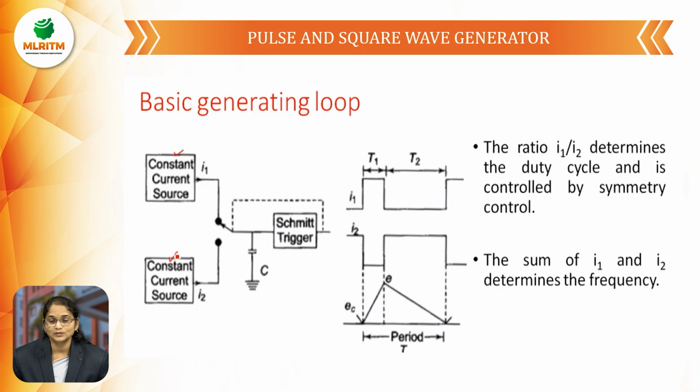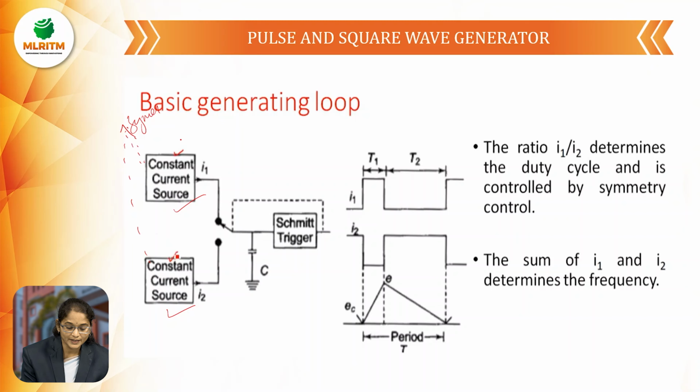Okay, next we are going to see what the basic generating loop is. We already saw this in the pulse and square wave generator. Here we have a constant current source and another constant current source, used for the symmetry of this circuit.